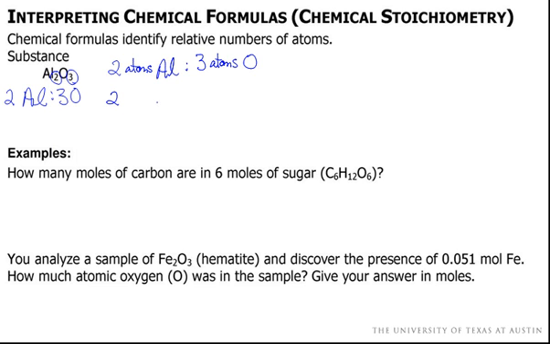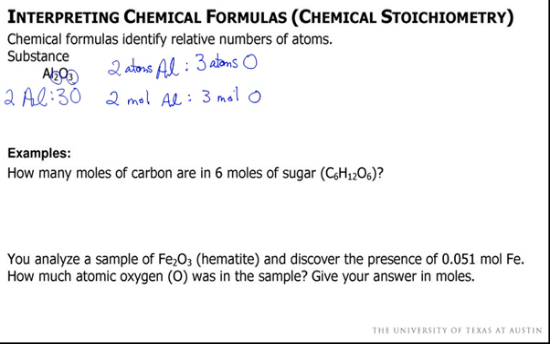I can also do this with moles. So I can have 2 moles of aluminum, I will have 3 moles of oxygen. So you see that there is a ratio, a relationship that exists between the aluminum and the oxygen that's dictated by the chemical formula.